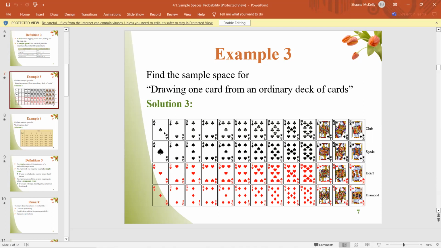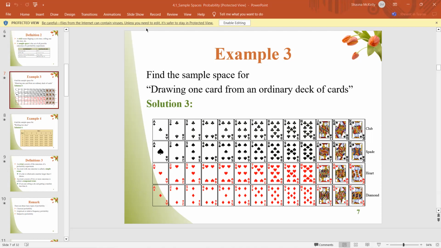So there are 4 suits, there are 13 ranks of cards. Okay. Any questions about this? Nope. I know all the cards. Cool. All right. So let's go and see what they're going to ask us for.